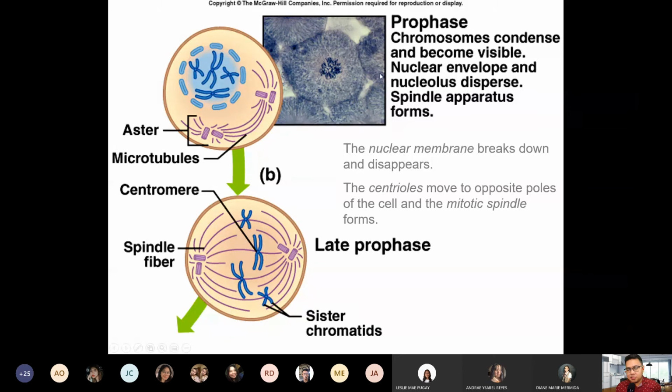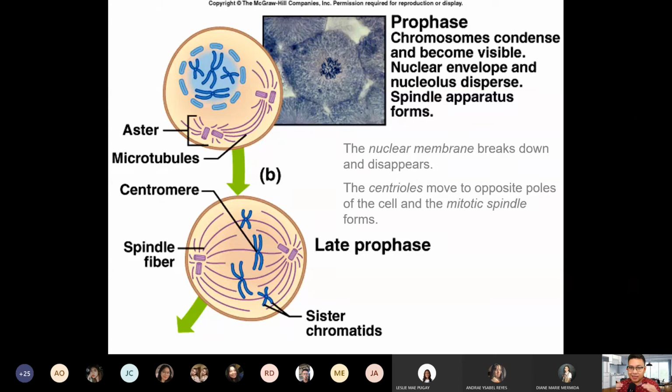Okay? If we were in the classroom now, one of our activities would have been slicing onions. You would put the onion under the microscope and look for which cells are in which part of cell division. Class, please take note that not all cells divide at the same time.